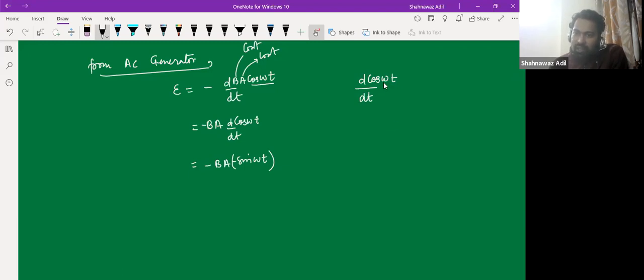Let's say this is theta, right? So we know that d by dx of cos x is minus sine x. That is the differentiation. But this is with respect to t, and this is omega t. So omega is multiplied with t, right?